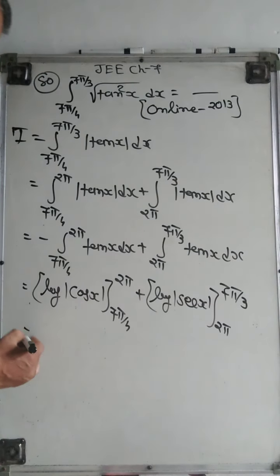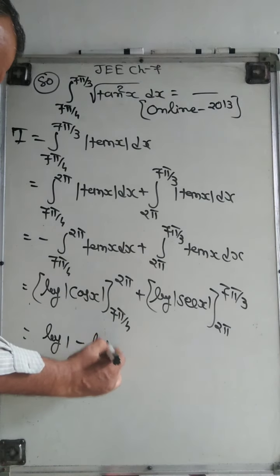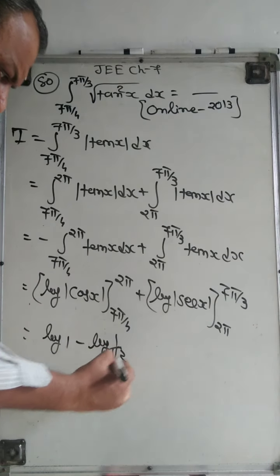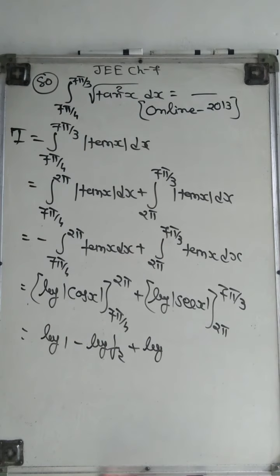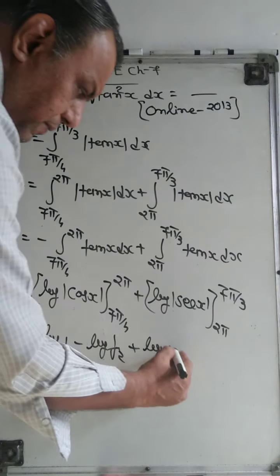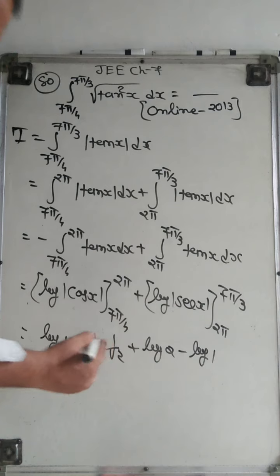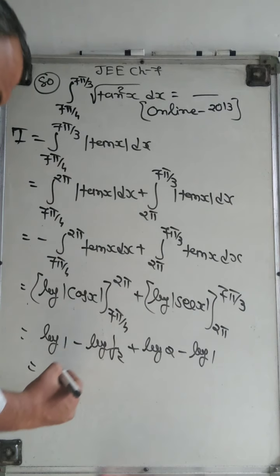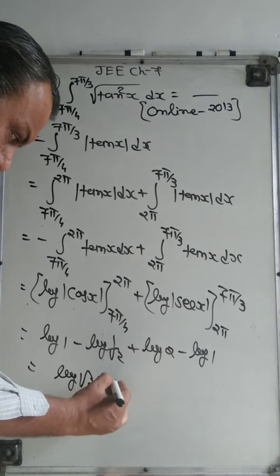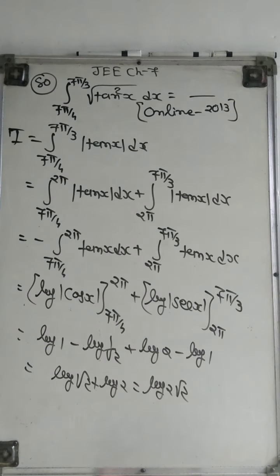Now we put the values: cos 2 pi is 1, log 1, minus log of cos 7 pi by 4, which is 1 upon root 2, plus log sec 7 pi by 3. 7 pi by 3 gives 2, minus log 1. So these two are 0, and in the simplification we take log root 2 plus log 2. It is log 2 root 2. This is our answer.